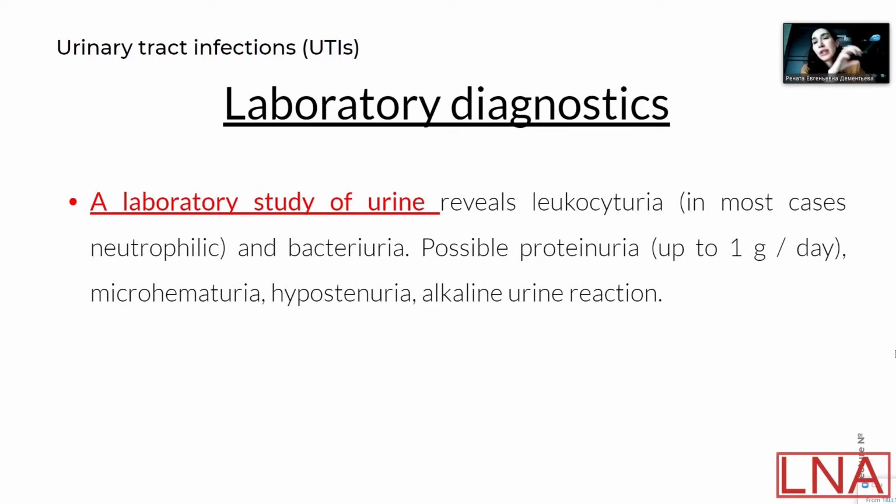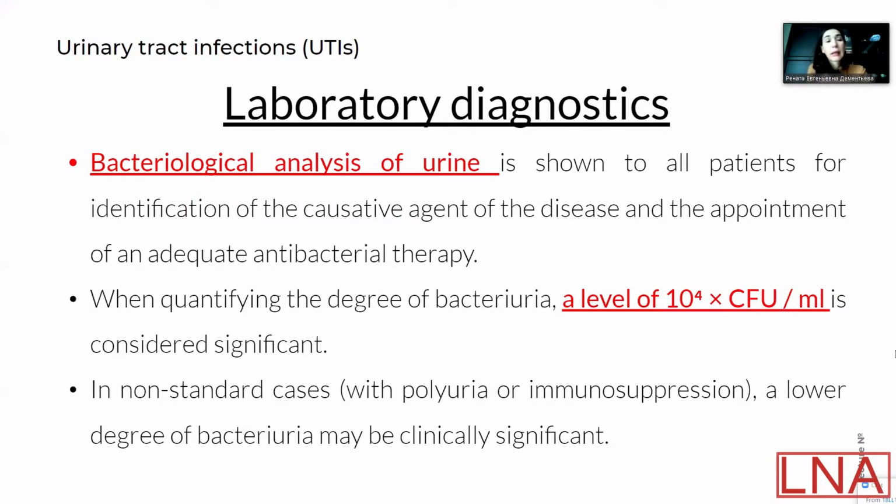During pyelonephritis, we can find some red blood cells in the acute stage. Hyposthenuria means decreasing of the density of the urine, and alkaline urine reaction, which is significant for inflammation.